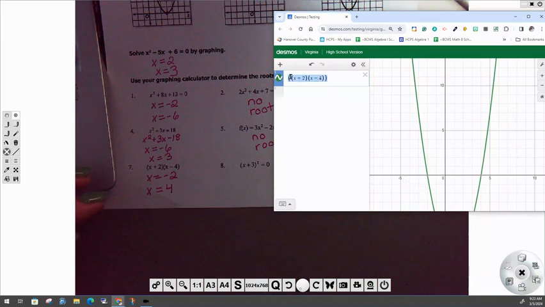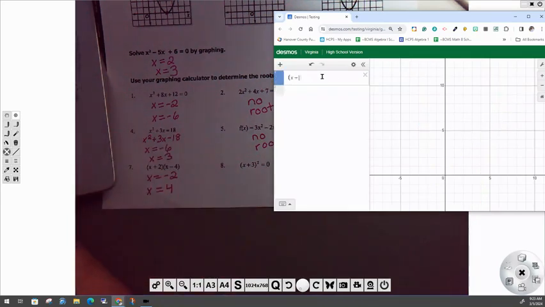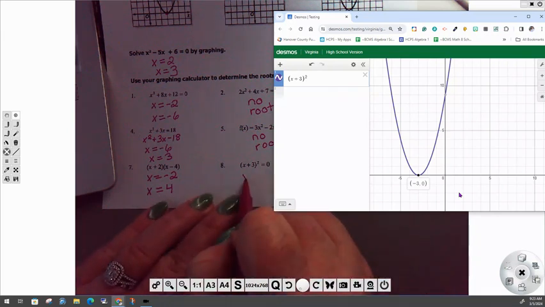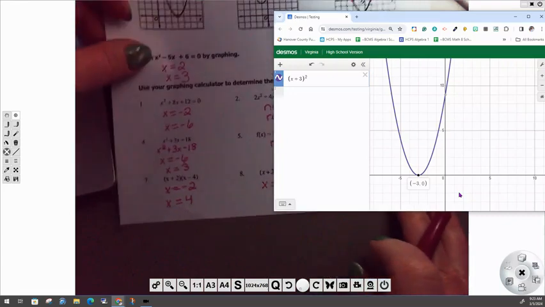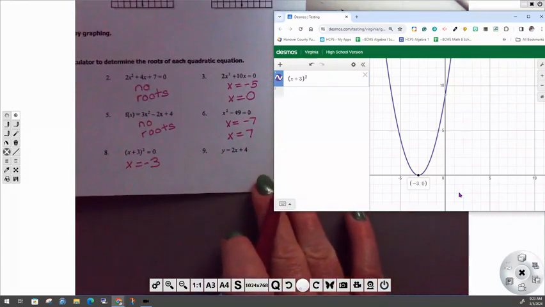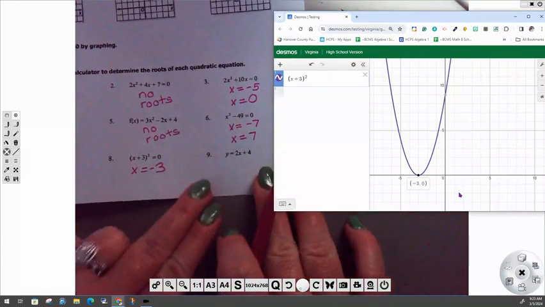So we have x plus 3 squared. Let's delete all this. x plus 3 squared. So we have x equals -3. All right, now we have our last one. What do we notice about this last one?